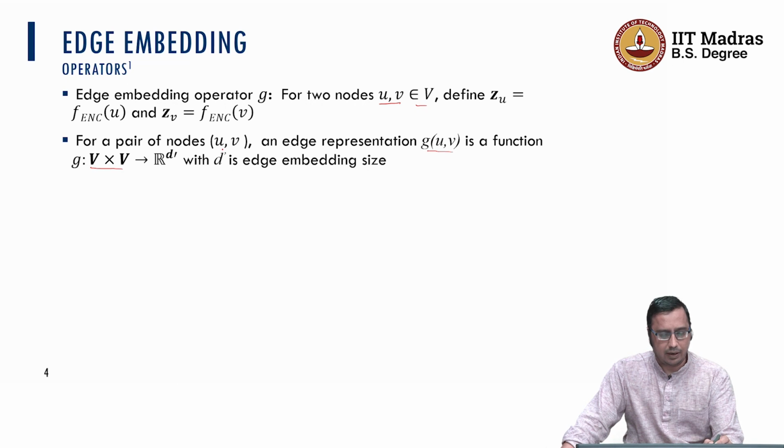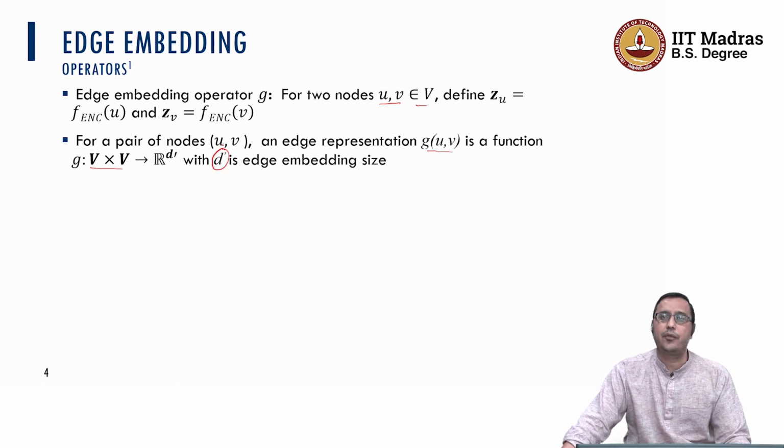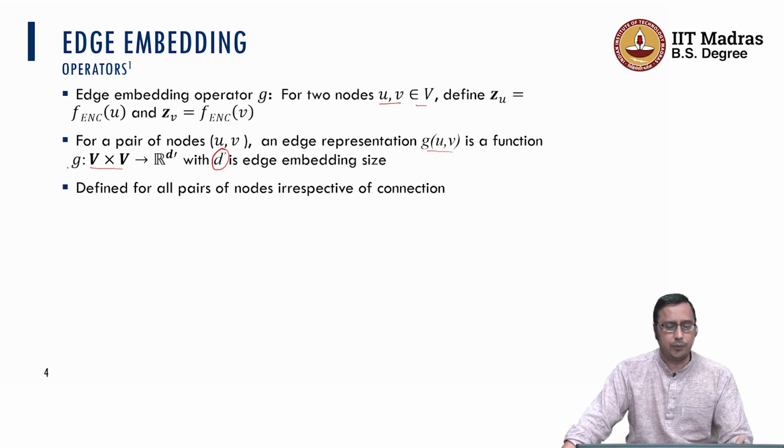Here we are considering D' which is different from D. It can be equal to D or it can be different. It is the edge embedding vector size, or representation of edge embedding, which is computed using operator G. And as I told you, this V cross V is not the edge set because we are applying operator G on all pairs of nodes irrespective of whether they have a connection or not.